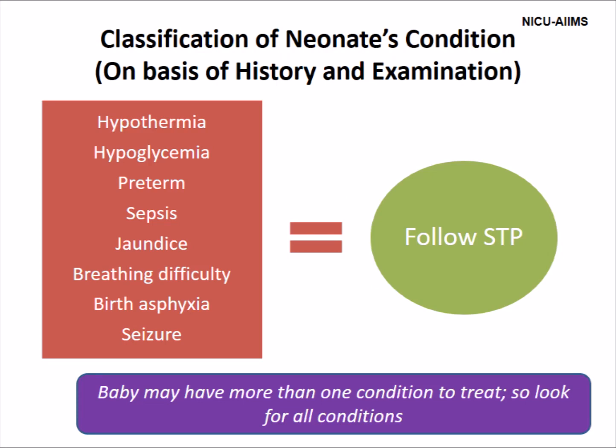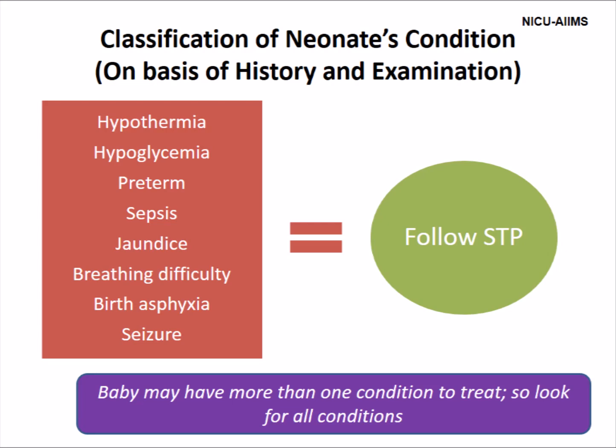For a newborn with hypothermia, that is, body temperature less than 36.5 degrees Celsius, follow the standard treatment protocol for neonatal hypothermia. For a newborn with hypoglycemia, follow the respective standard treatment protocol. If the baby is preterm, follow the standard treatment protocol for feeding low birth weight or sick newborn.